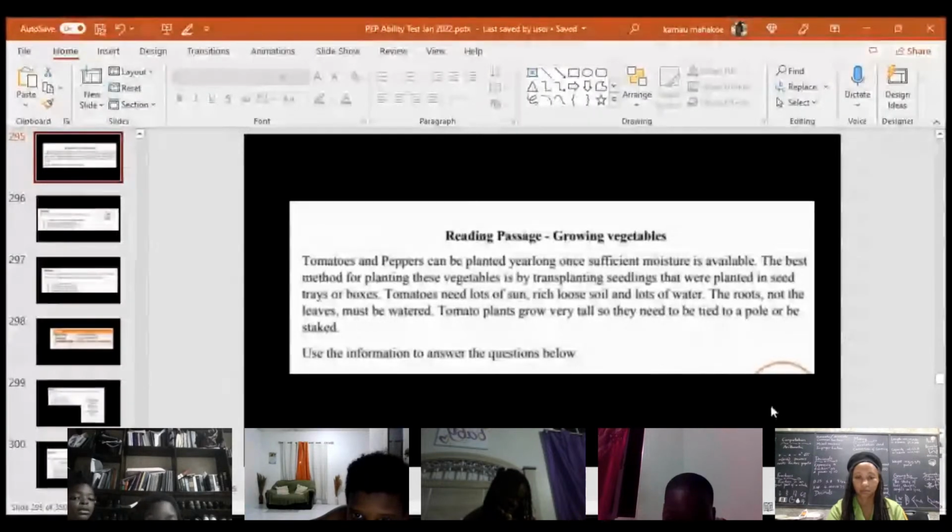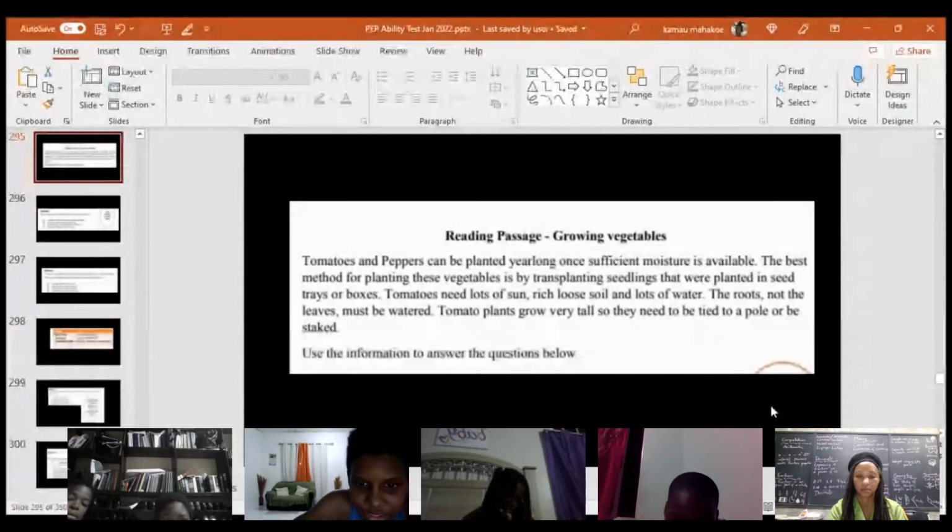Tomatoes need lots of sun, rich, loose soil, and lots of water. The roots, not the leaves, must be watered. Tomato plants grow very tall, so they need to be tied to a pole or be staked. Use the information to answer the questions below.